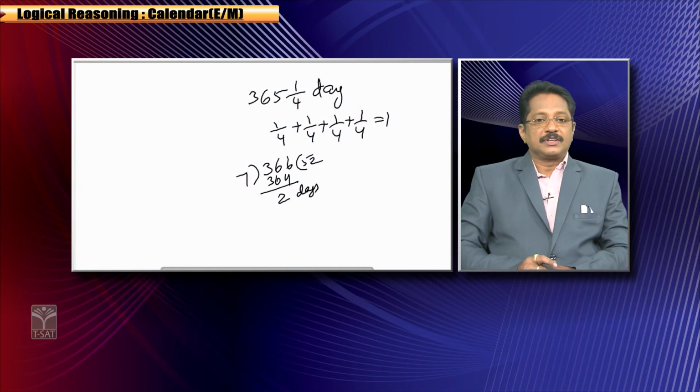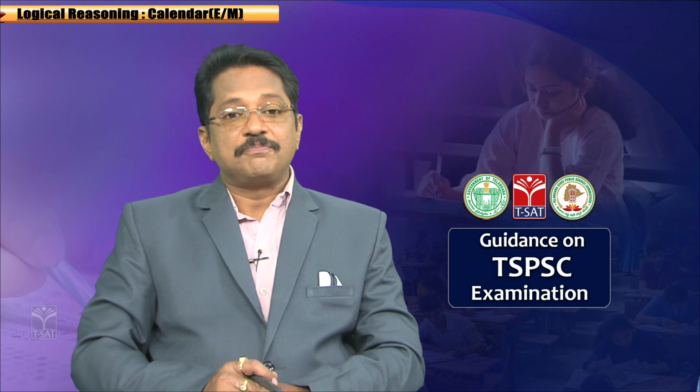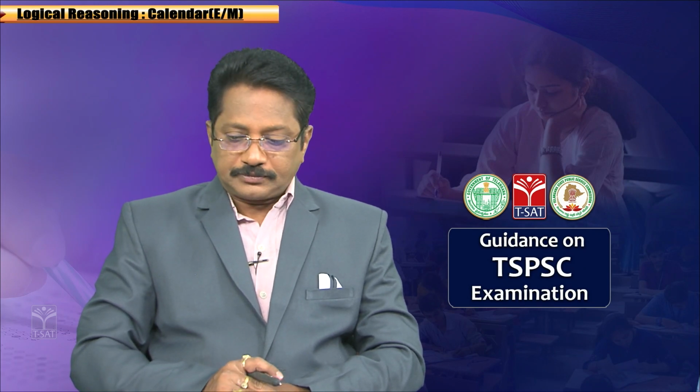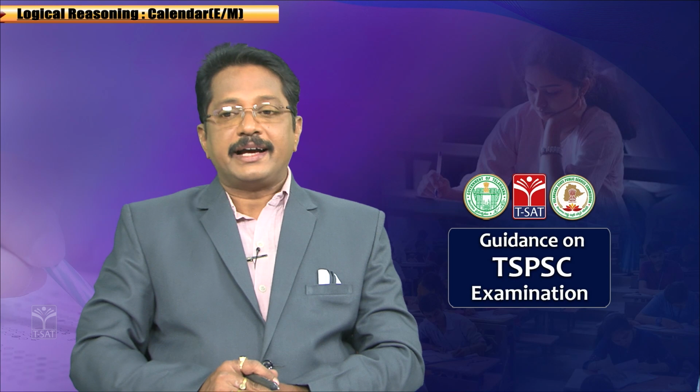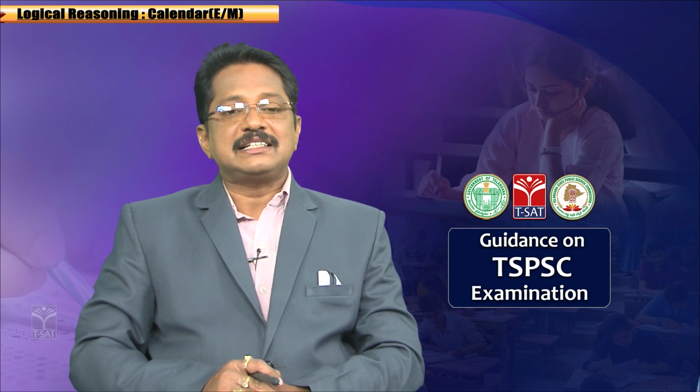In a leap year, we have 52 weeks and 2 days. You have to remember these things, very important, because when we discuss the questions, then you can understand the importance of the leap year. Clear? Okay.